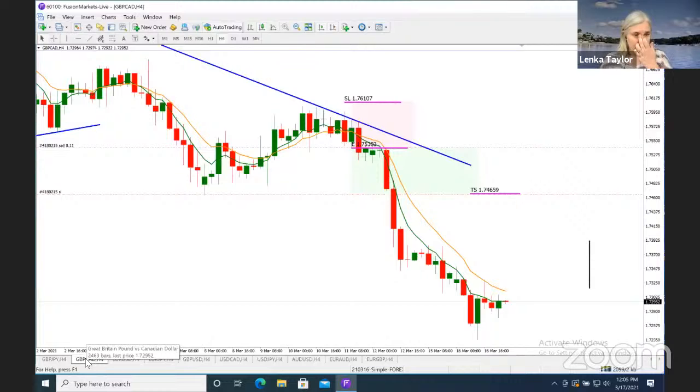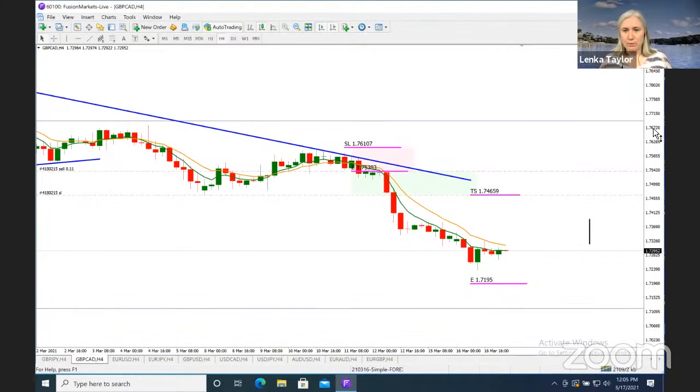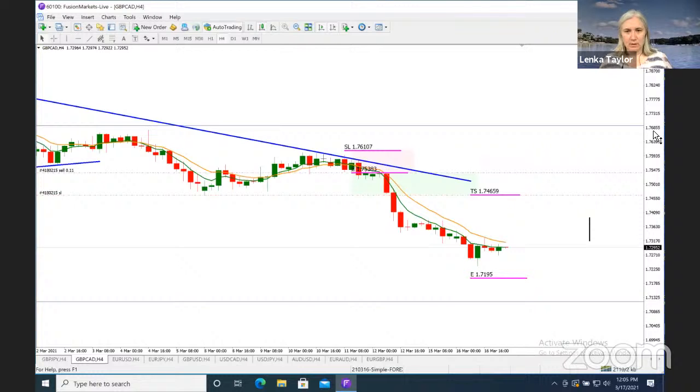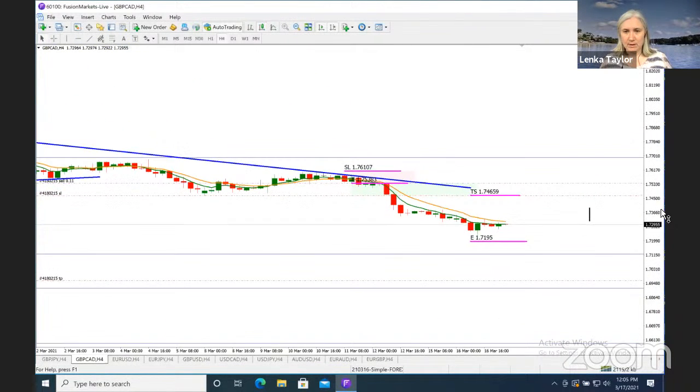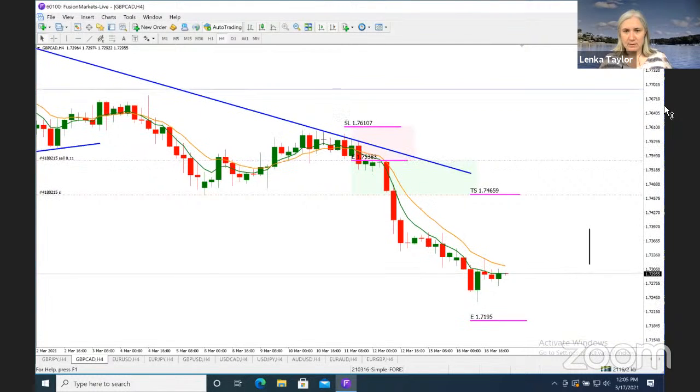Next, I'm going to have a look at GBP/CAD on the 4-hourly. This one was still going down, so I have moved the profit target a bit lower.